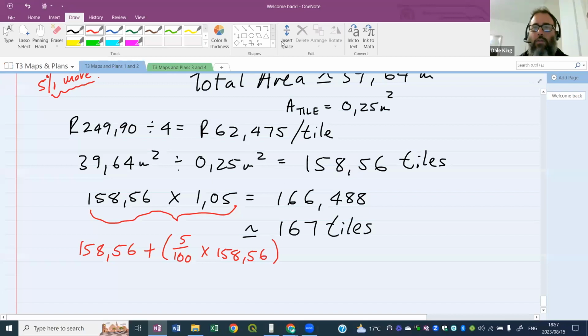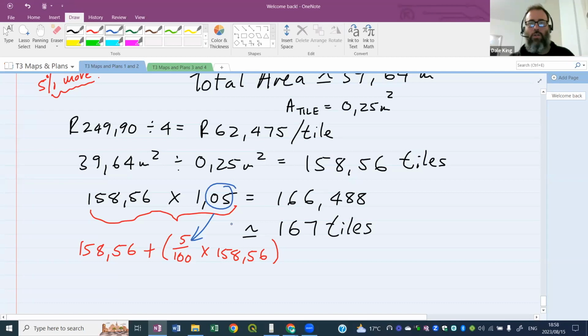If you're used to that, please, Safiso, don't change it unless you understand this new method. This new method just says to work out a value plus a percentage on that value, you can just say times 1,05, because the 0.5 here is 5%.